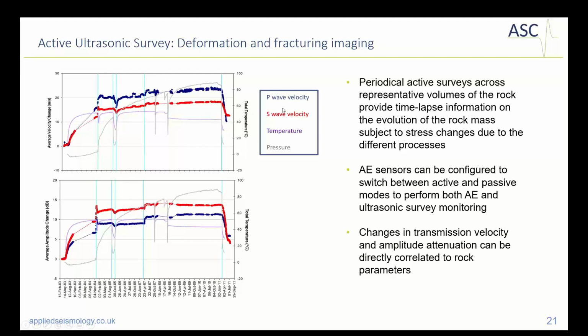And these changes in P and S wave can be interpreted in terms of rock properties. But the most important for us is velocity, because velocity will change where our events locate. It's not the same thing locating an event at the start of our experiment as at the end, where we might have a completely deformed rock.